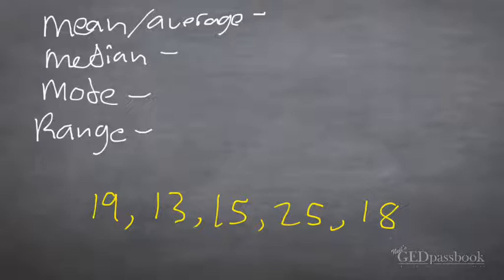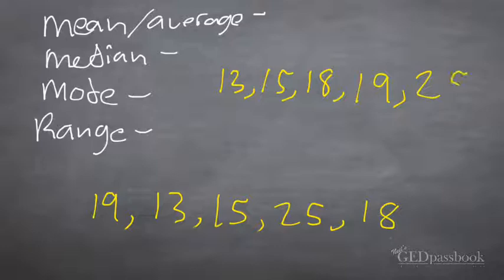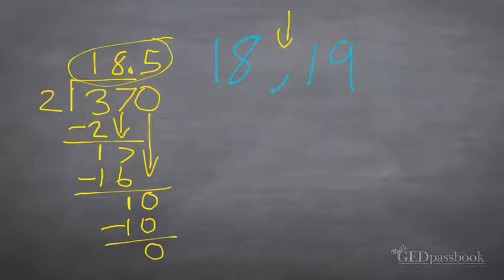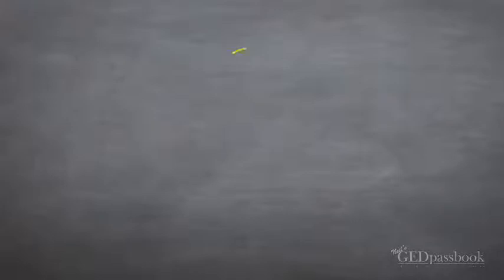So what's my lowest number? 13. What's my second lowest? 15. What's my next number? 18. And the next? 19. And the next? 25. Okay, so what is my lowest number? 13. What's my biggest number? 25. All you got to do is subtract the lowest number from the bigger number.